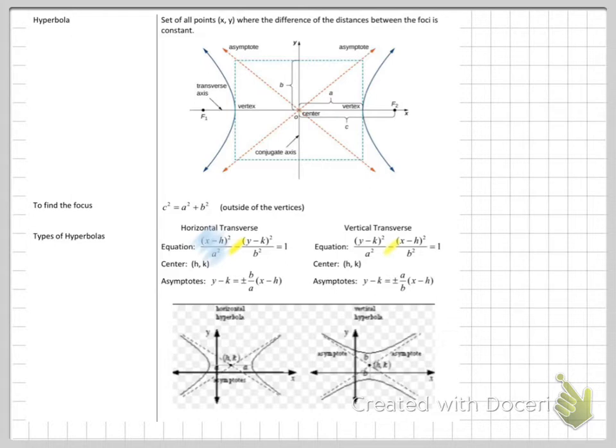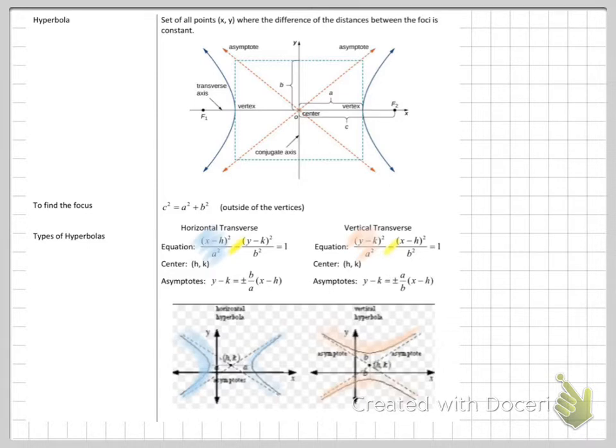But if the x is the positive variable, then it follows the x-axis and it opens sideways, left and right. If the y is the positive variable, normally that means in front, then it follows the y-axis and it opens up and down.